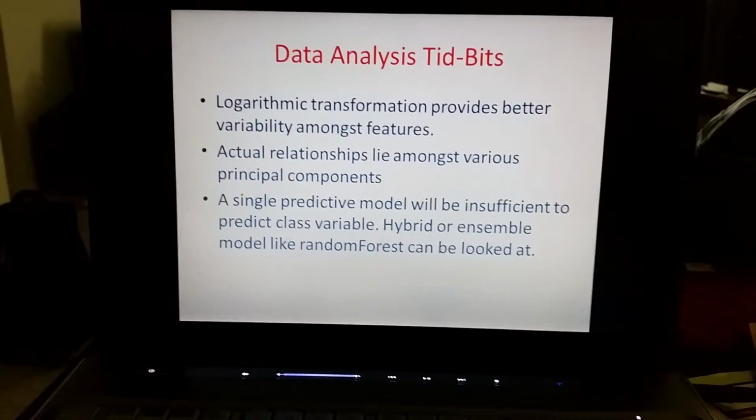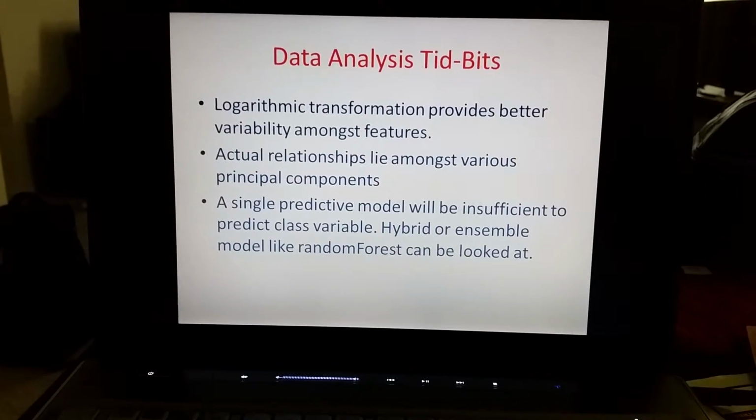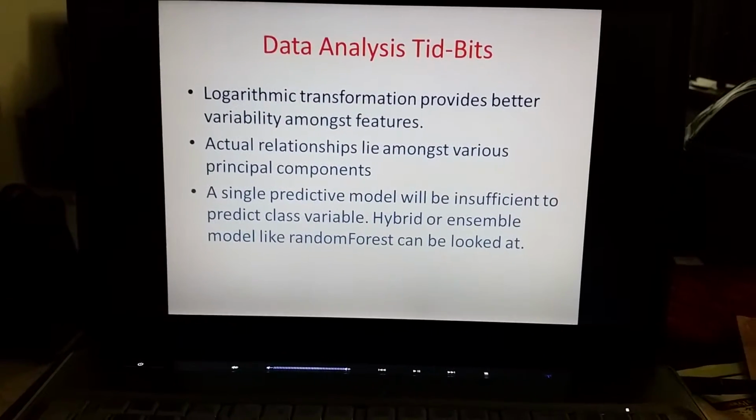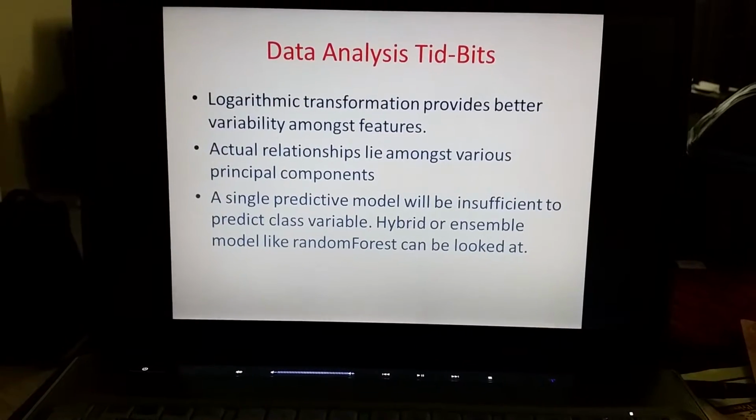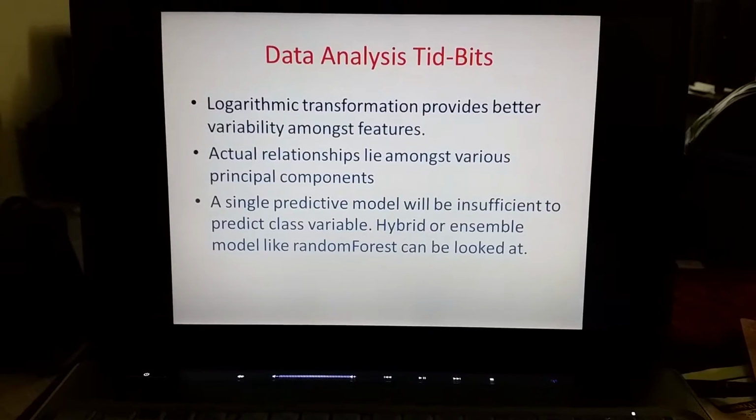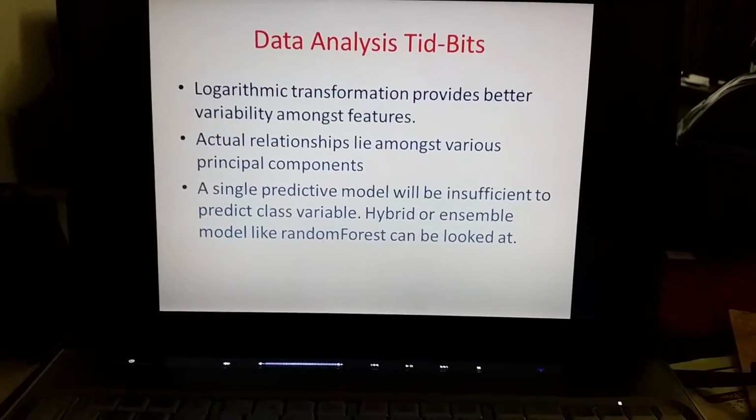This suggests that the actual relationship might lie in some other components, which is the intuition towards the principal component analysis that I have tried to do in this study.